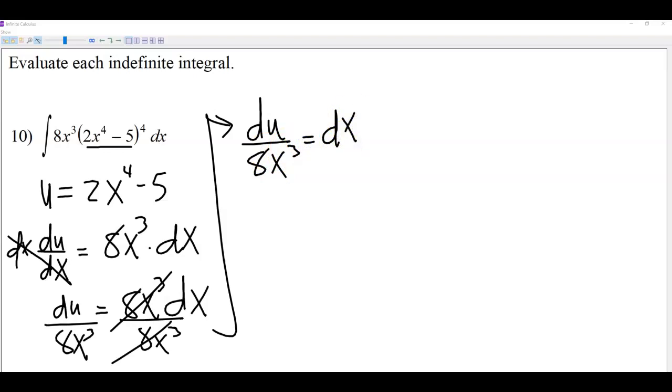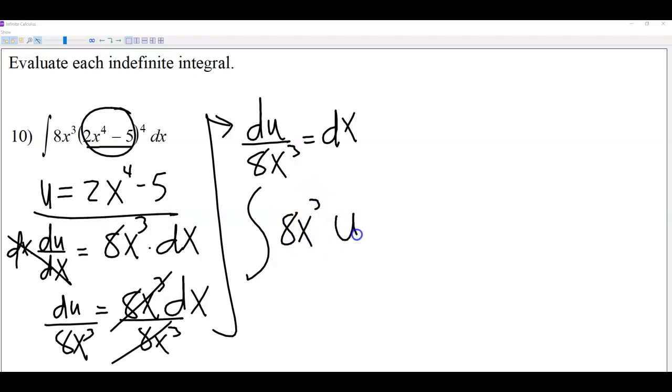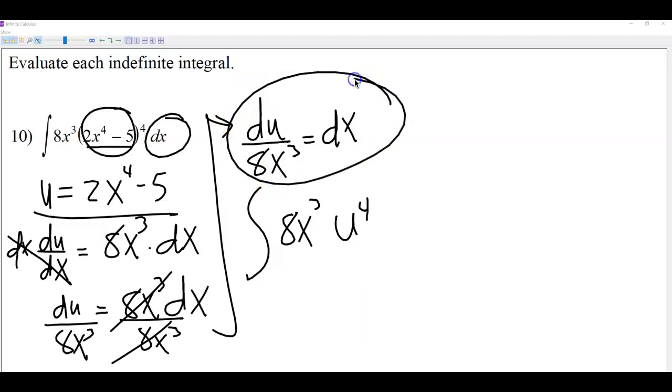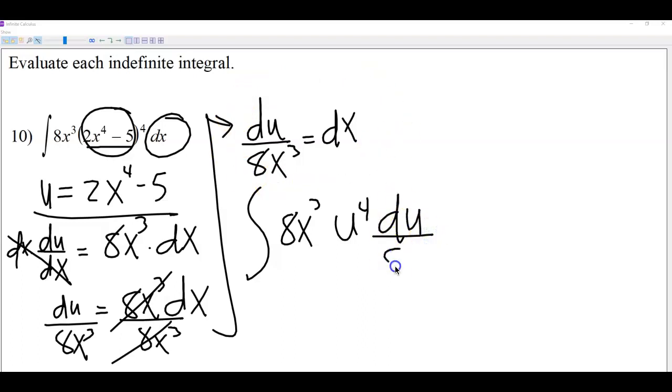Now we're ready for the u substitution. I'm going to replace this piece here with u because that's what u equals. And I'm going to replace the dx with du over 8x cubed because that's what dx equals. At this point, we should be able to cancel out anything that has an x in it.